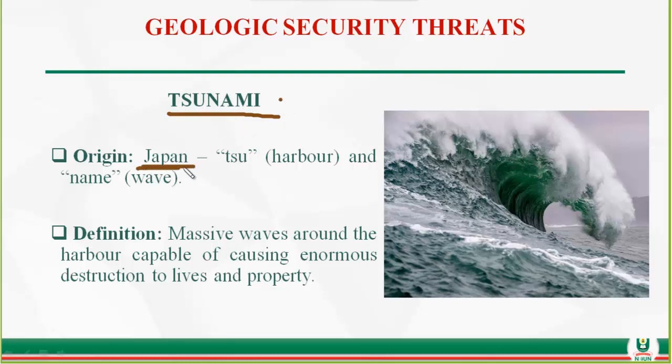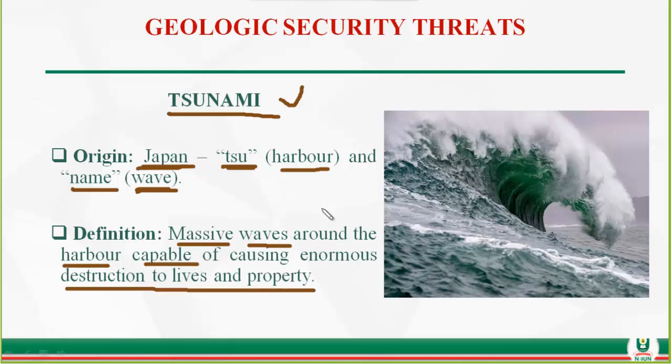It is a Japanese word derived from tsu, which means harbor, and nan, which means wave. So essentially, the word tsunami means massive waves around the harbor, capable of causing enormous destruction to lives and property.